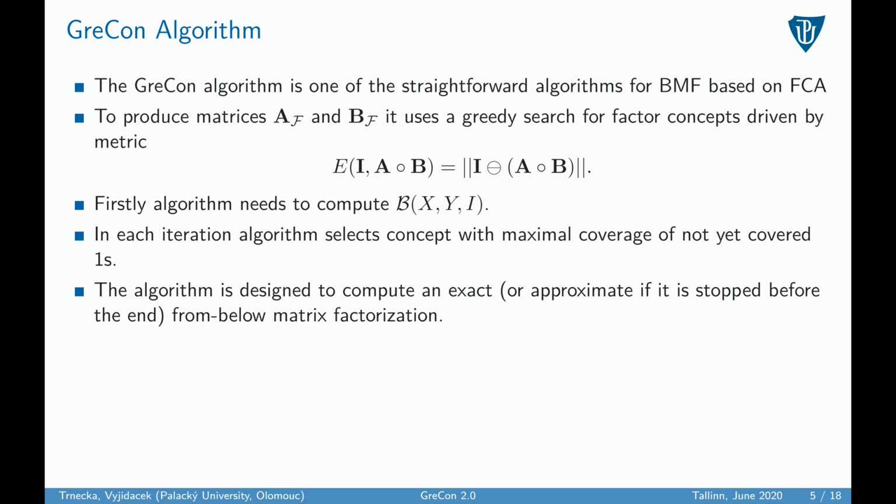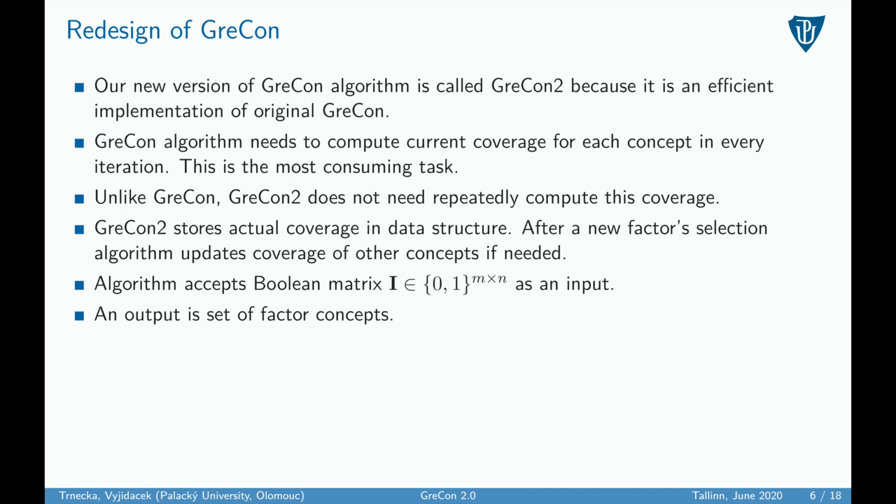Using this simple idea, algorithm computes exact or approximate from below factorization. The most time consuming task in GreCon is that we need to compute current concept coverage in each iteration.